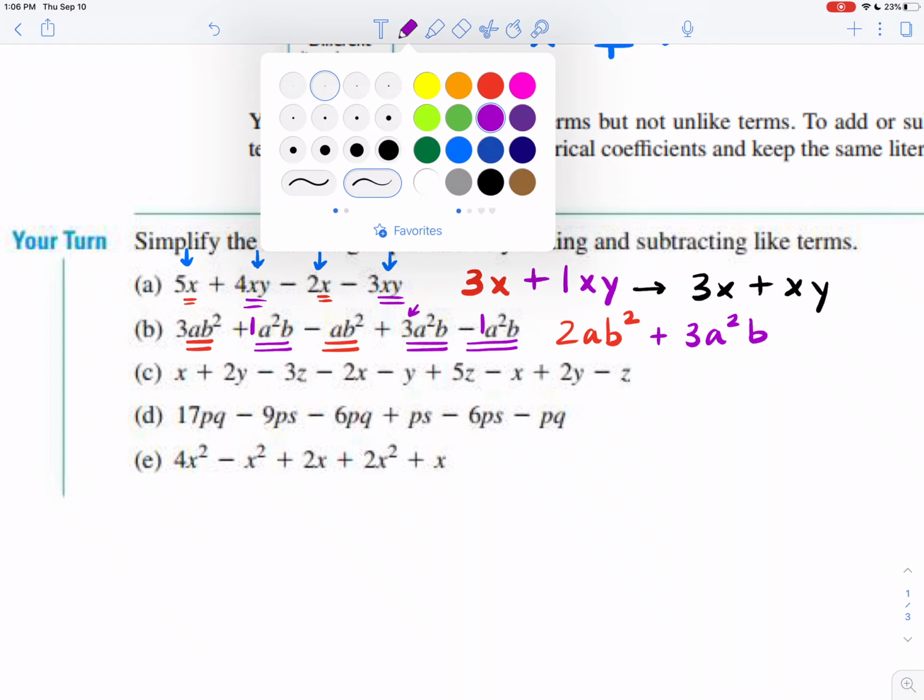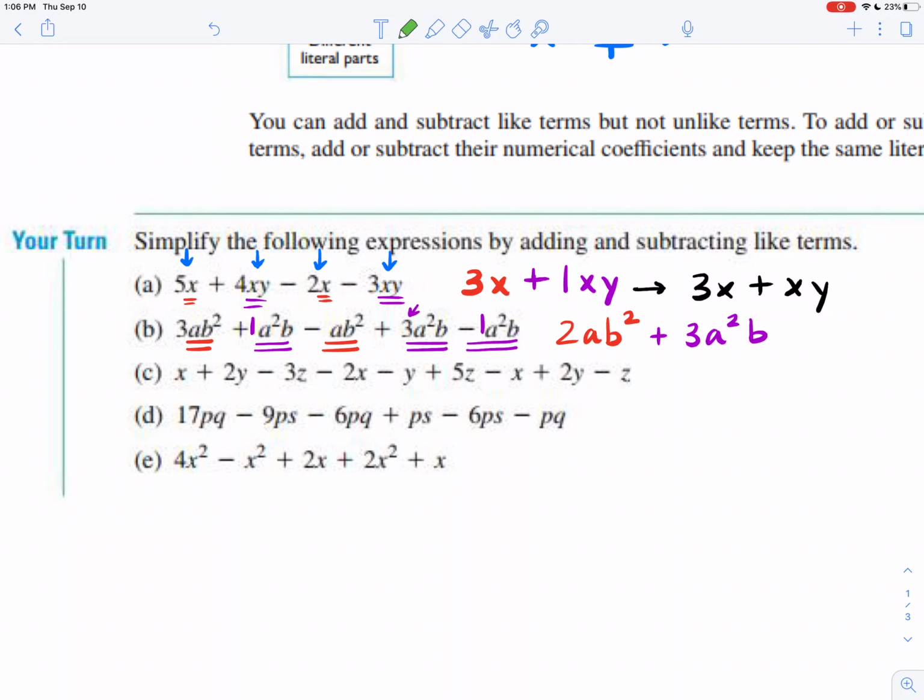All right, in our next one, the first literal part that I see is x. Now remember, if there's nothing in front of it, there's an implied 1. So I look for others that have the exact same literal part. There's an x here, there's an x here. Again, I'm going to put a 1 in there just to clarify. If I combine their numerical coefficients, I've got 1.